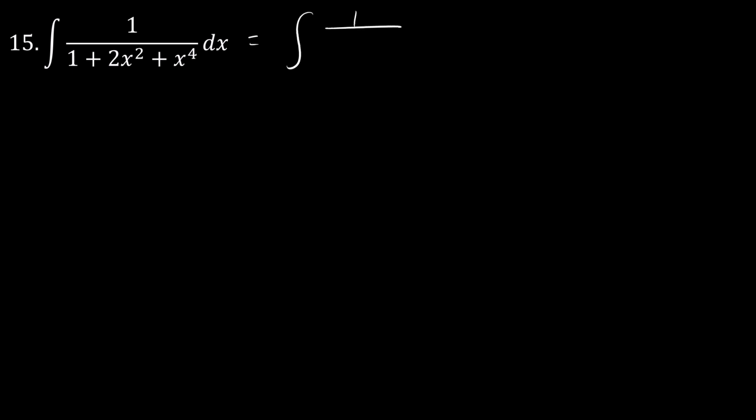So problem number 15, the indefinite integral of 1 over (1 plus x squared) to the 4... This is obviously just the same as 1 over the square of 1 plus x squared.